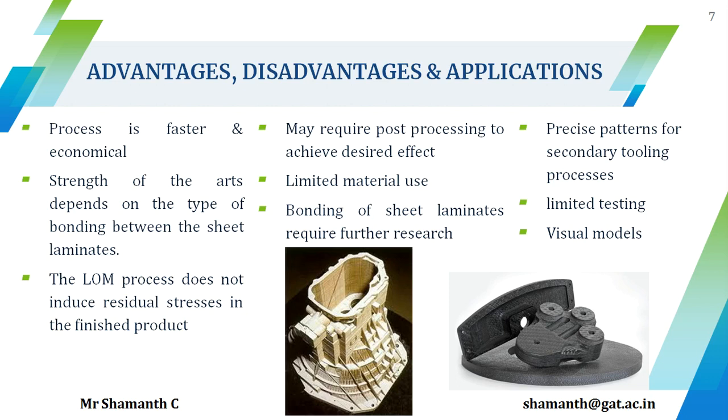So today, in brief, you have understood about the sheet lamination method as well as the selective laser sintering method, that is powder bed fusion techniques. So you have understood the principle of the process, and then the process steps, and also the advantages, disadvantages, and its applications.